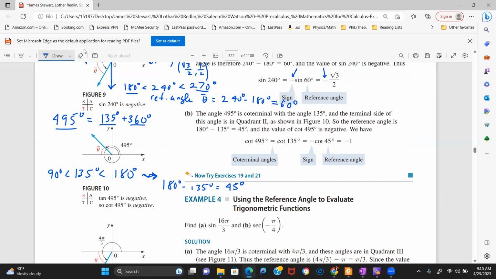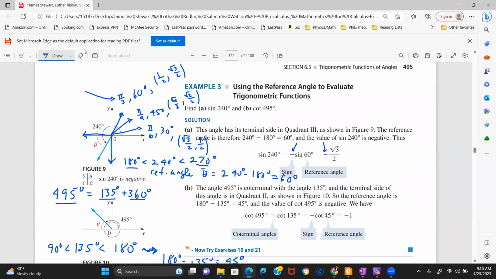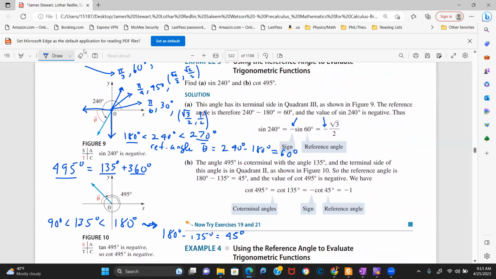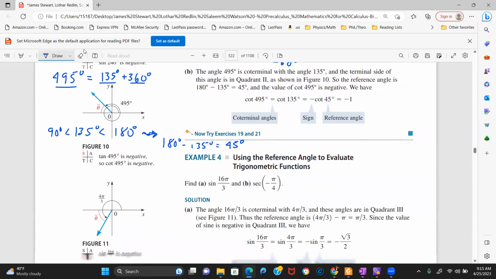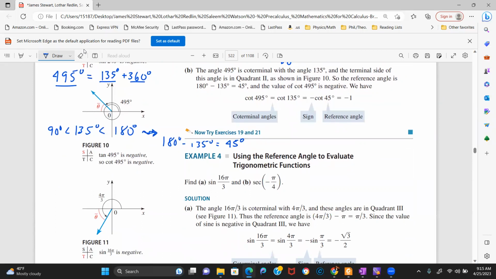So now we have our unit circle up here. We're talking about a 45-degree angle, that is pi over 4, and we just got to make sure we put the right signs in the right spots. Cotangent, remember, if you're thinking in terms of the unit circle, is your x coordinate over your y coordinate.